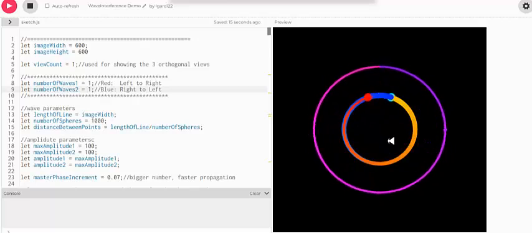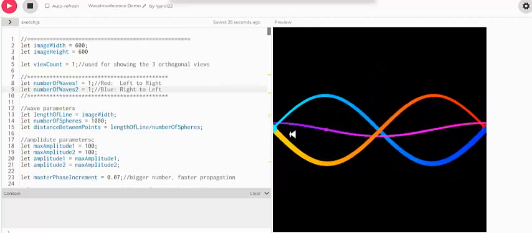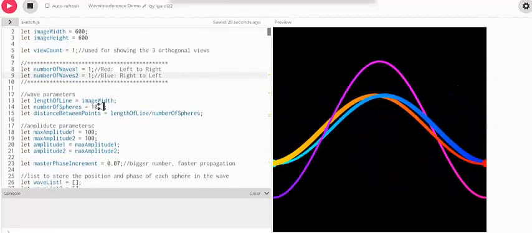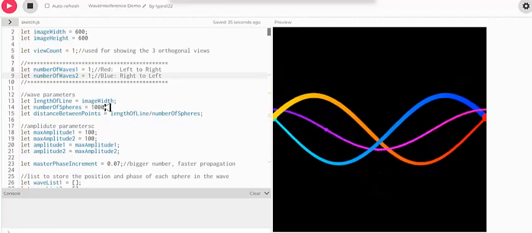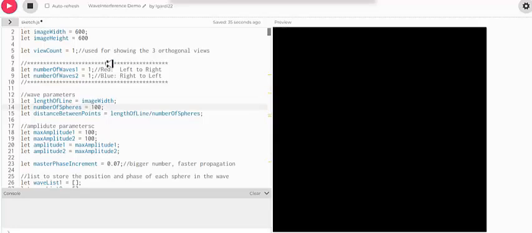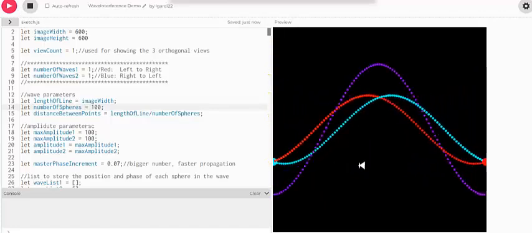So just so you know, I think this is important, these waves are actually made up of tiny circles. Okay, so right now I'm setting the number of spheres. They're actually spheres, not circles. If I take this down to say 100 instead of 1000, then you're going to see that the waves are made up of tiny circles.